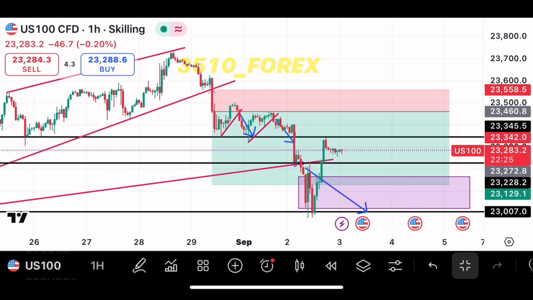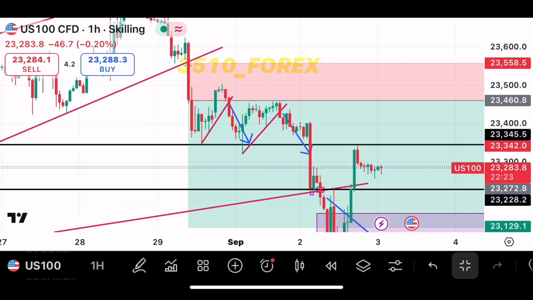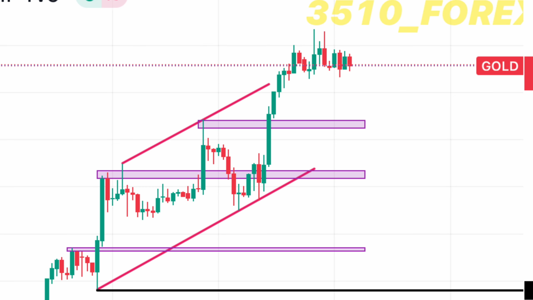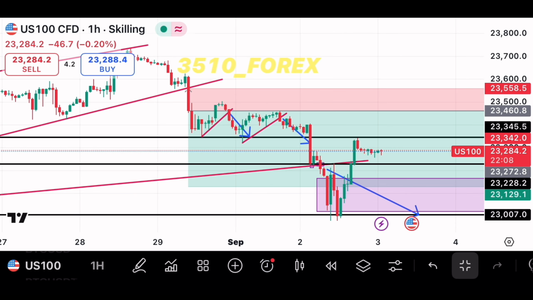And for today, what I will be taking is gold, because I see gold has a bullish movement currently, and that is what I will be trading today. I won't be trading Nasdaq unless it forms something that I will be able to analyze.